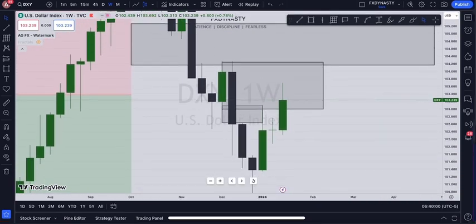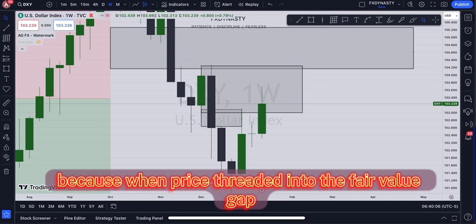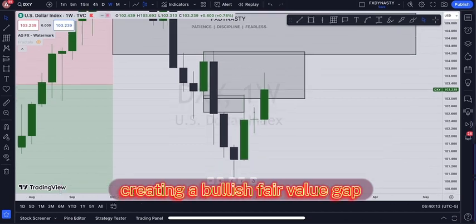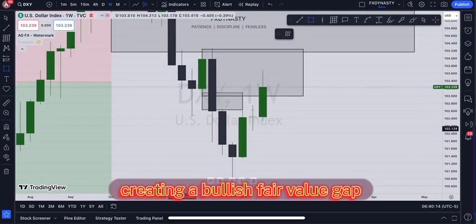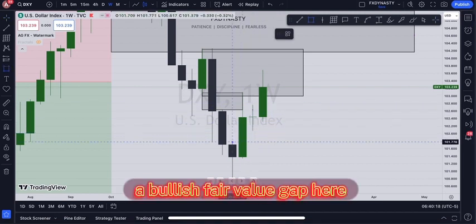However, I am not expecting this other block to hold. Why? Because when price traded into the fair value gap, price tapped the other block and went lower, creating a bullish fair value gap here.